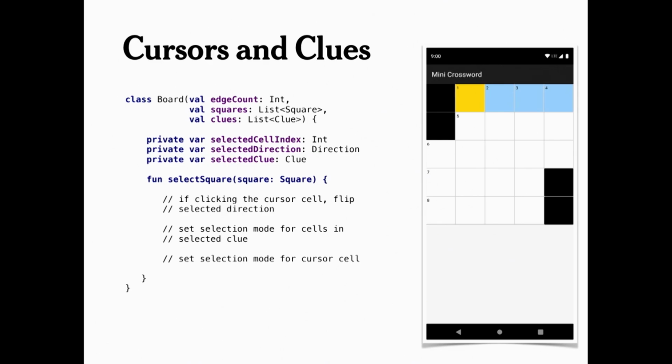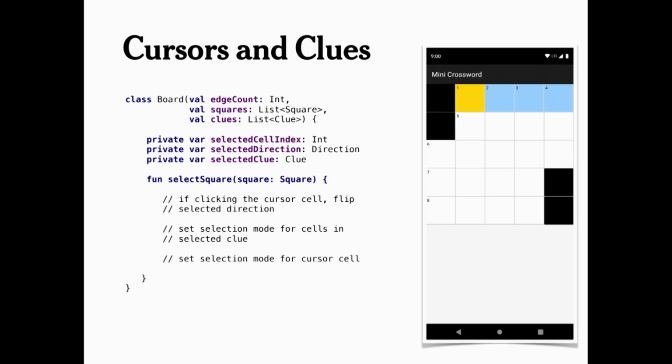Now we also need to keep track of the selected cell where the cursor is. We need to keep track of the direction, across or down, that you're operating on, so we know which clue to highlight. And then we also need to know which clue you're actively playing. I've added a method here, and I've elided some of the code because that's not terribly interesting. It's just some array math.